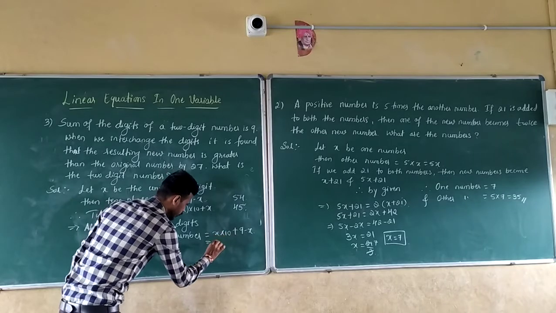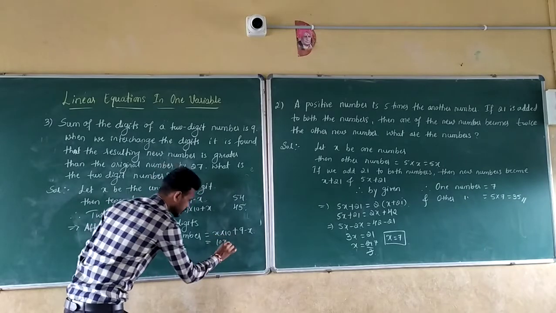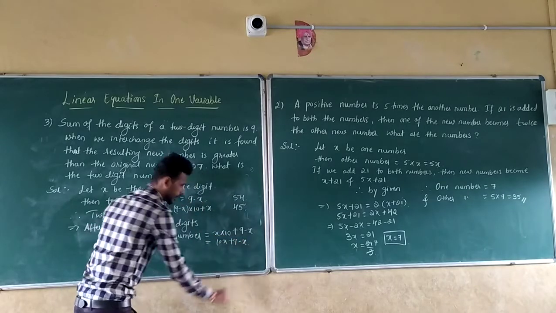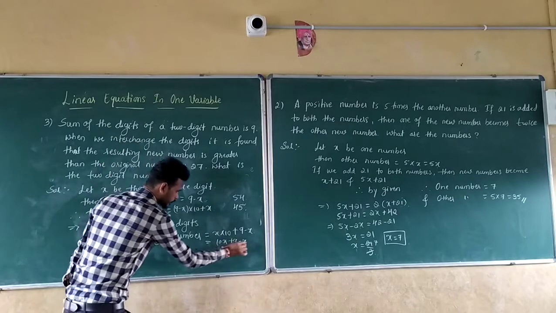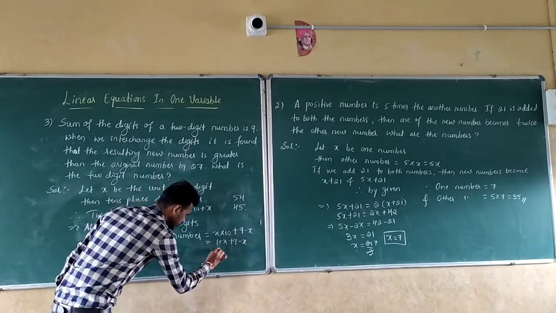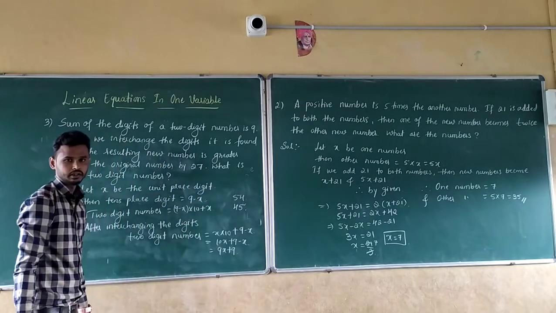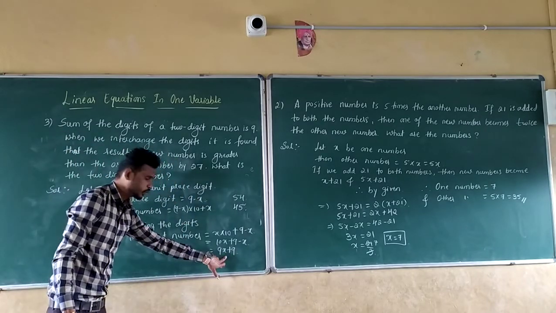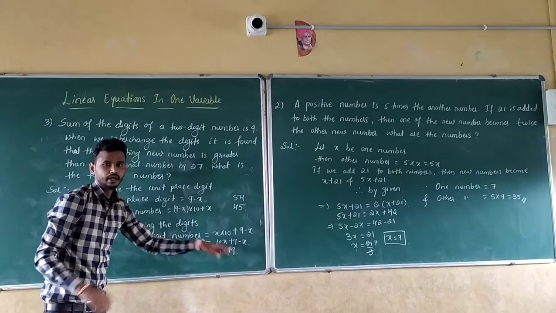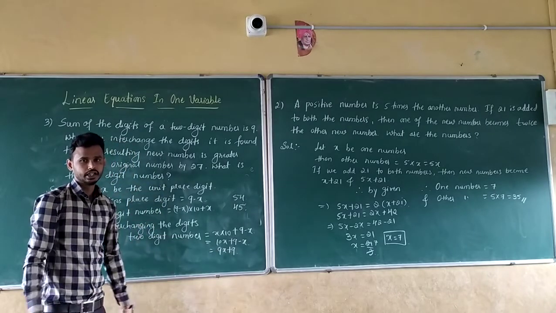So 10 into x means 10x plus 9 minus x. So 10x minus x gives 9x plus 9. So this is our new two-digit number after interchanging the digits.